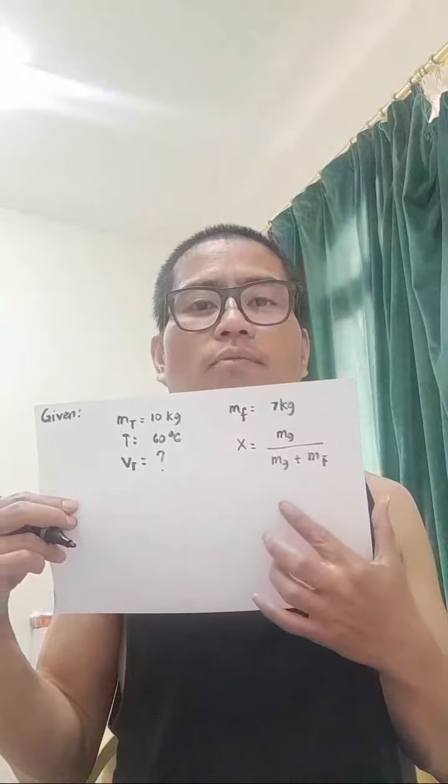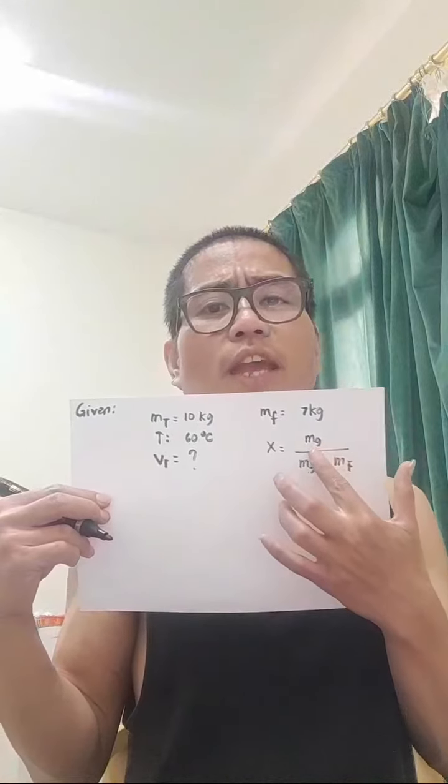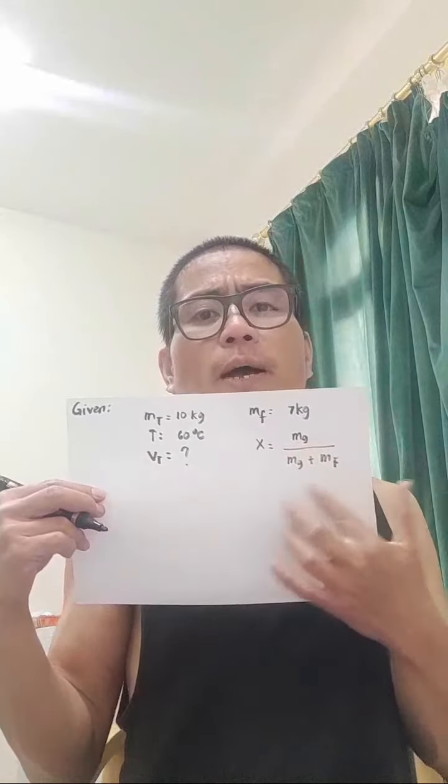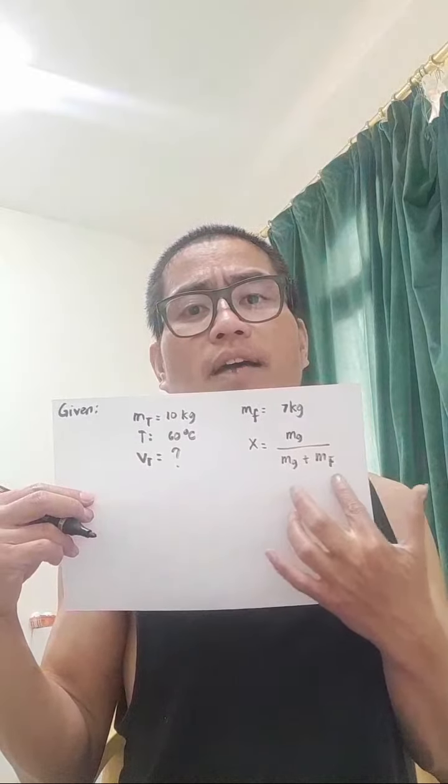But here the specific name is dryness fraction. So x is equal to mg over mg plus mf, the mass of the vapor over the mass of the vapor plus the mass of the liquid.